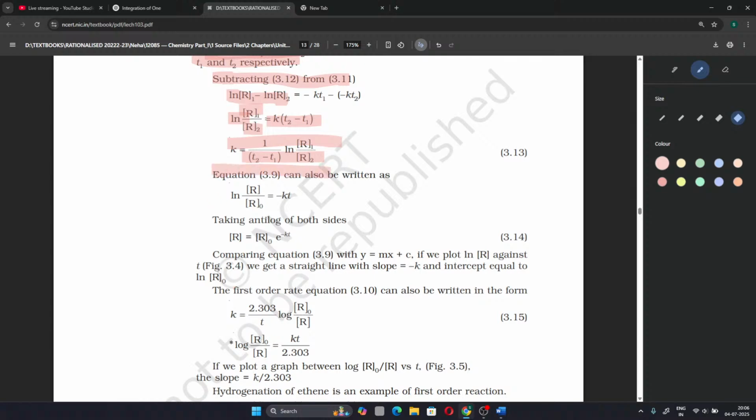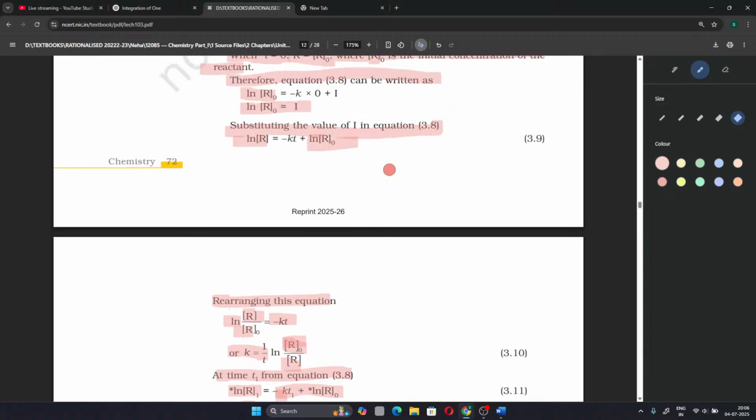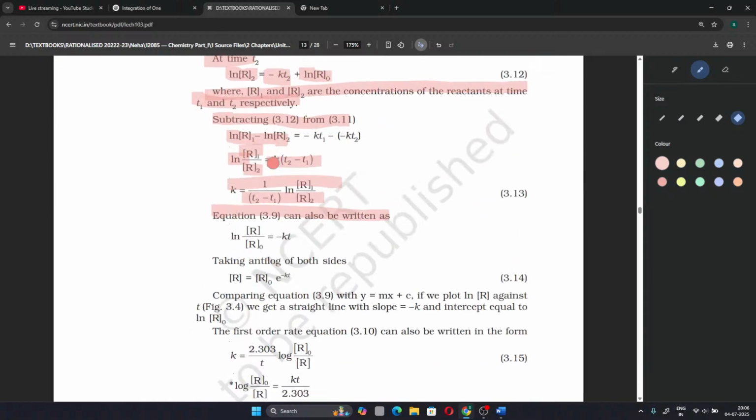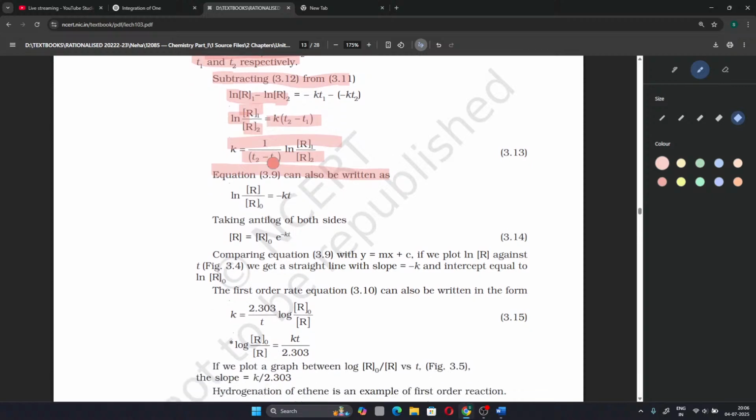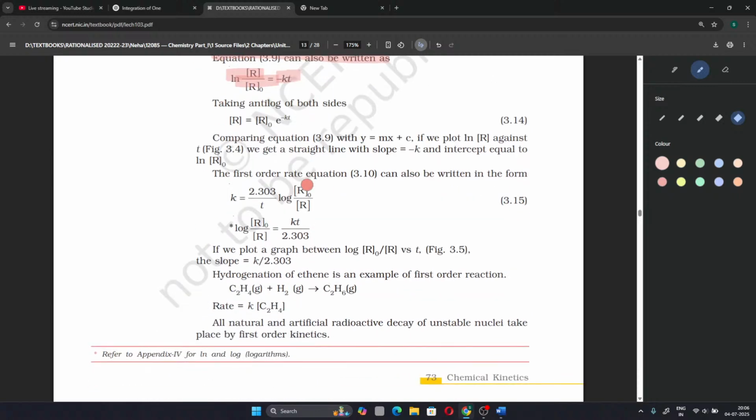Equation 3.9, ln r equals minus kt plus ln r naught, can also be written as ln of r by r naught equals minus kt. Taking anti-log on both sides, we get r equals r naught e power minus kt.